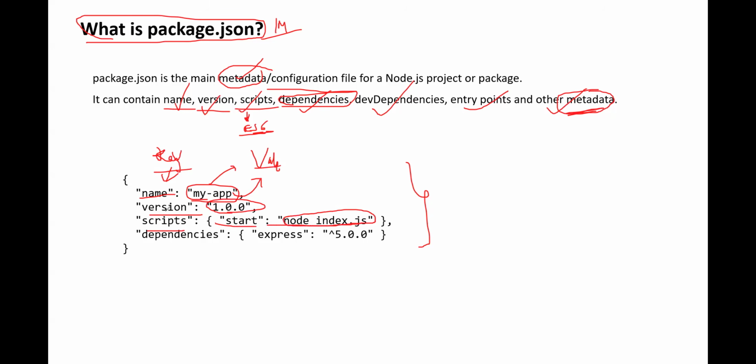From this file, the module type should be applied, or here we can write it as ES6, which means the new version. Express under dependencies means it is using Express with this version. It will come automatically when we do a development project, and we can understand all the fields then.